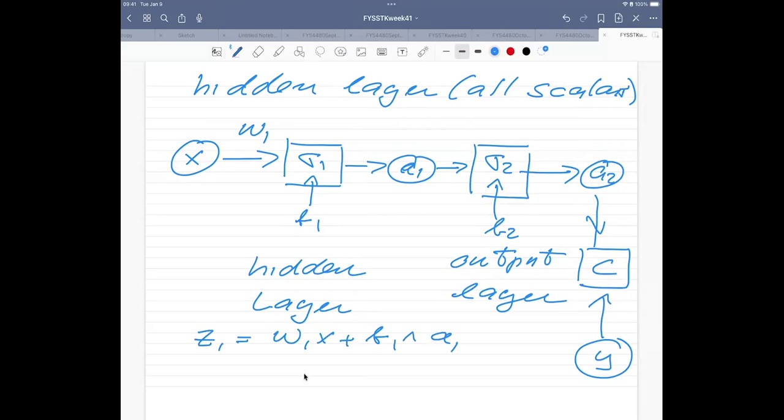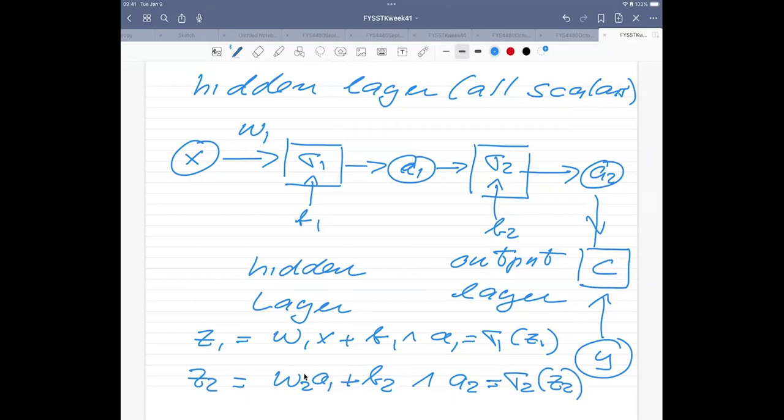And A1 is then equal to sigma 1 of Z1. And Z2 here is going to be pretty simple, like the previous case. Actually, this is not X here, but it now contains the input, which is A1. So A1 feeds into the next layer, and then A2 is equal to sigma 2 of Z2.